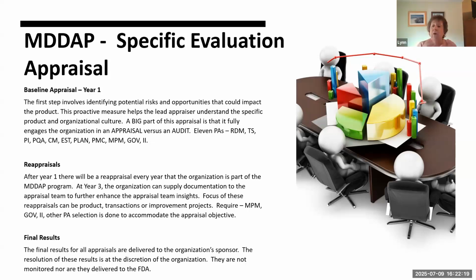They'll come in and they'll ask us, could you appraise our employee orientation training? We don't think we're getting people up to speed as efficiently as we could. We choose the PAs that make sense to do something like that, and we work with them in an appraisal, in this evaluation appraisal, to look at that transaction.